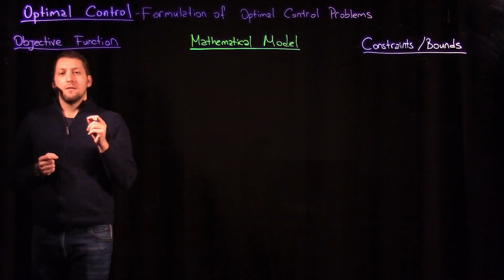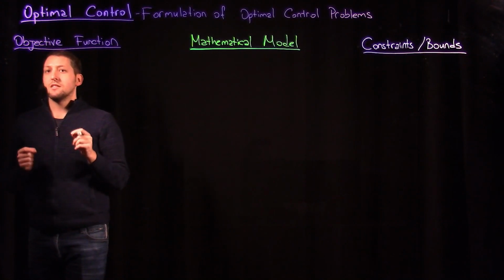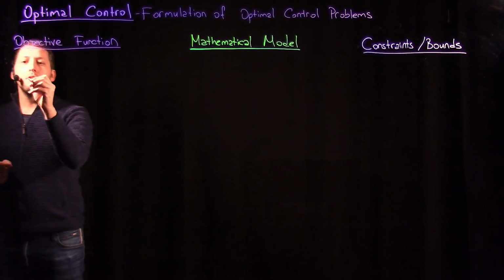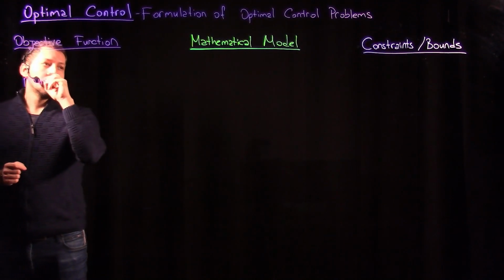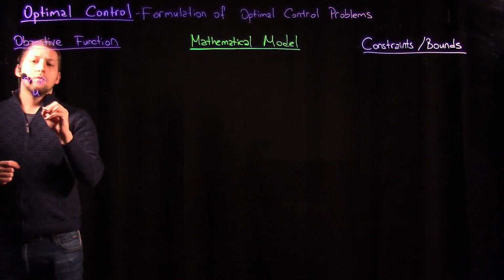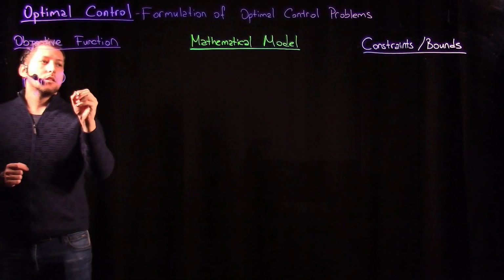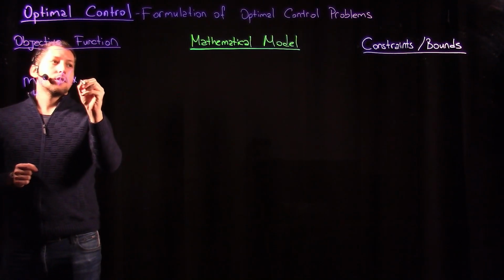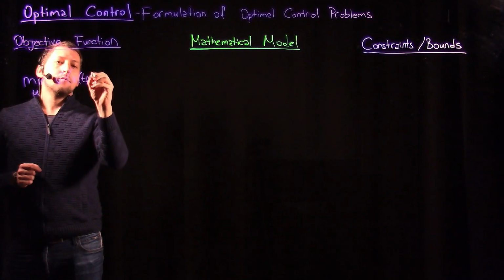For example, the first objective function that we can use depends on a specific value at a specific time, which is the final time. It could be written like that: minimize, with respect to the control value u, a function of states at the final time.